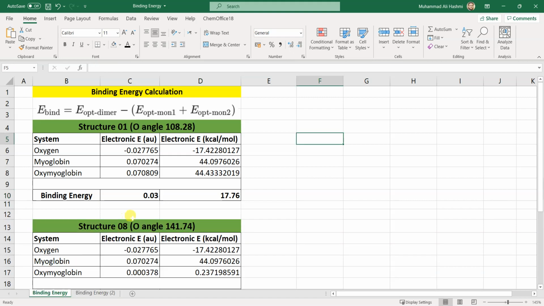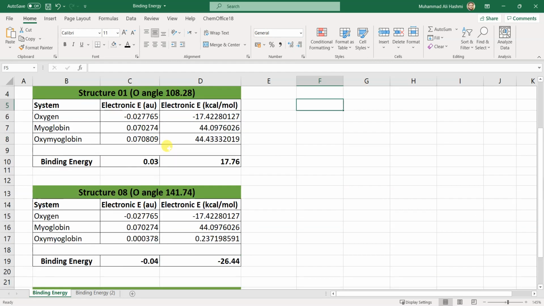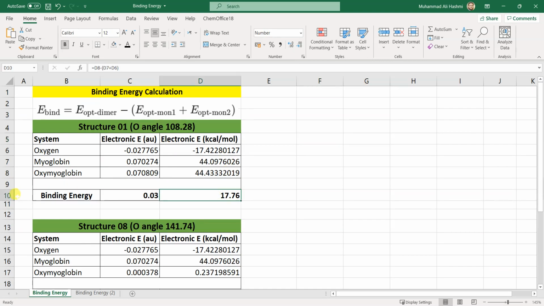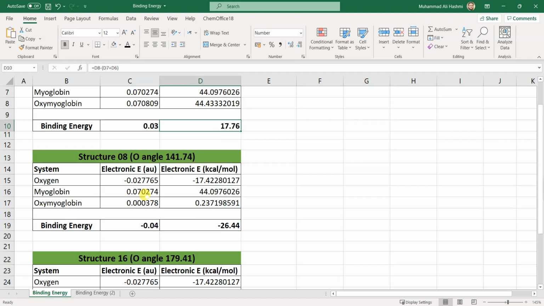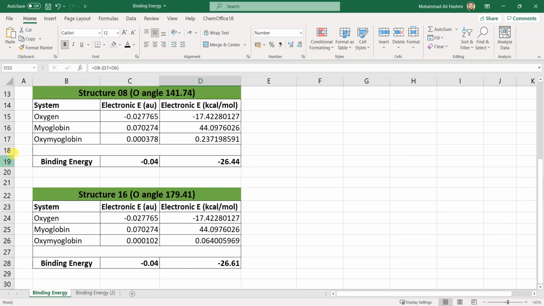I have calculated the binding energy of different other fragments as well. This is a specific experiment where I have calculated the binding energy of different structures with the oxygen angle changing to different degrees. You can see that at one point where the angle is 108 degrees, its binding energy is 17.76 kilocalories per mole.